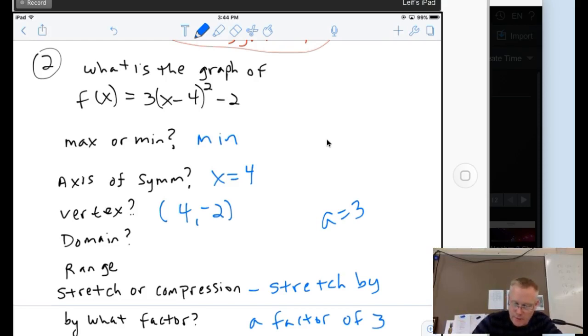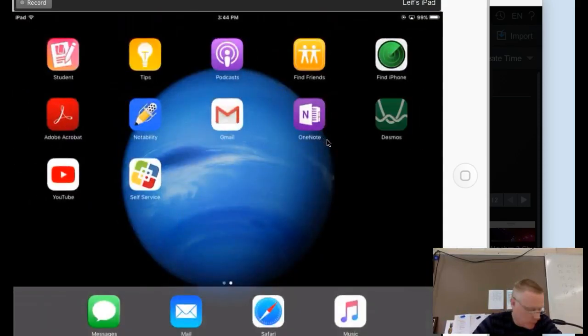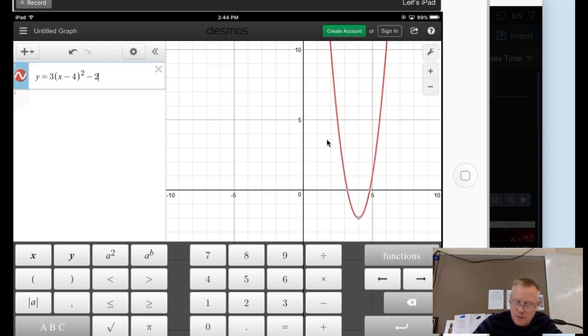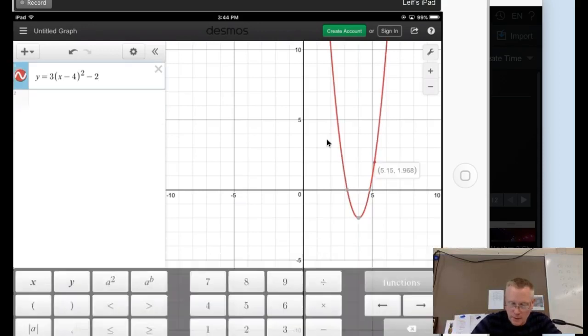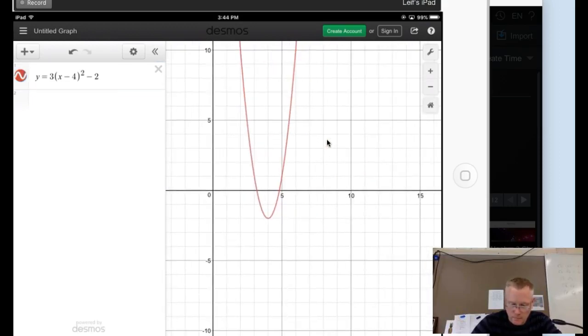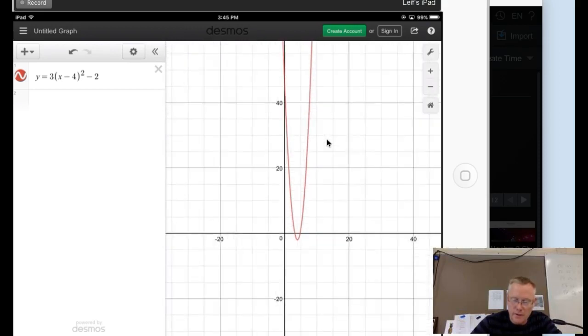Let me go back to that graph for a minute. I'm going to knock the axis of symmetry out, just so I can look at this. Okay, now domain and range. Domain will be all the x values that this function covers. Believe it or not, this thing will cover every single x value eventually.